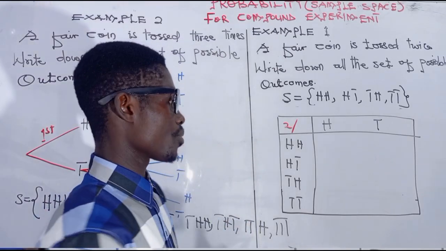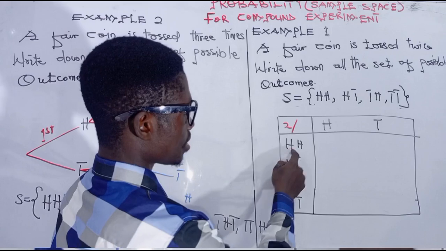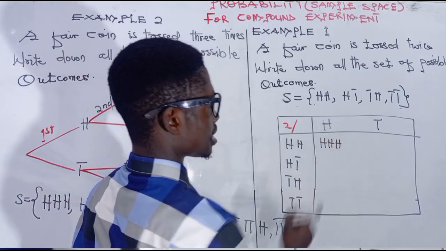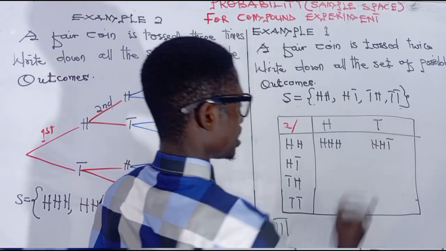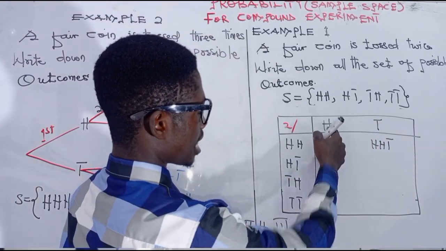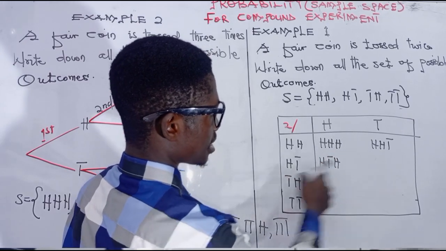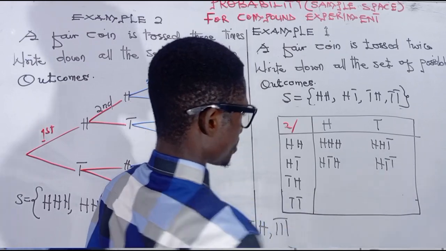Once we have this, we pair these possible outcomes one after the other. So this and that will give us head, head, head. This and that will give us head, head, tail. Head, tail, and then head will give us head, tail, head. And then this and that will give us head, tail, tail.